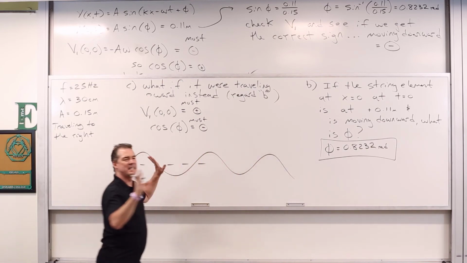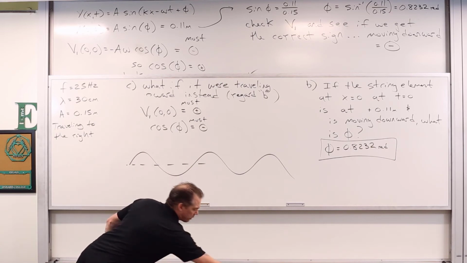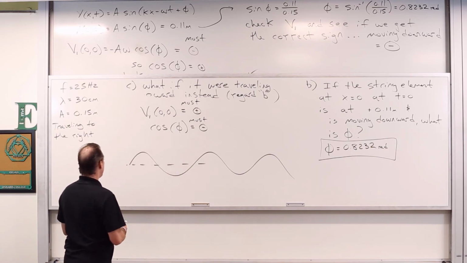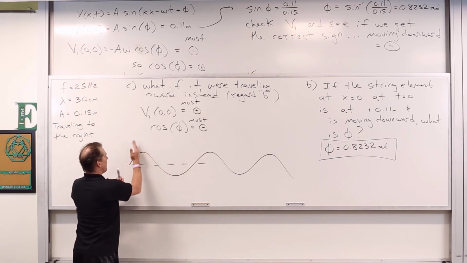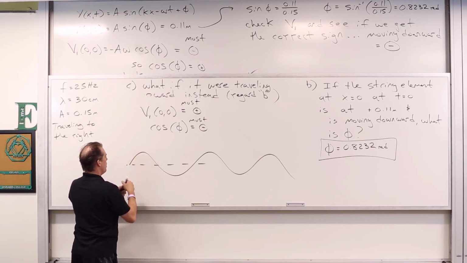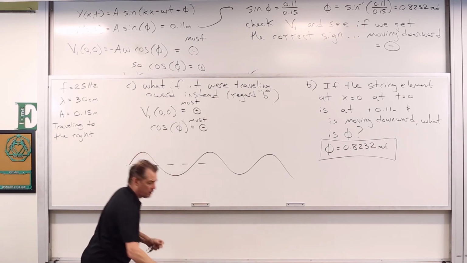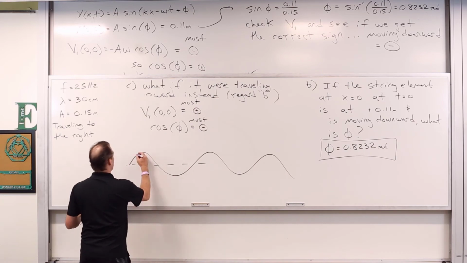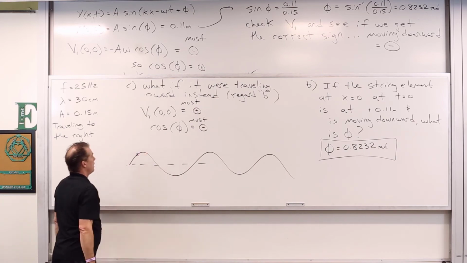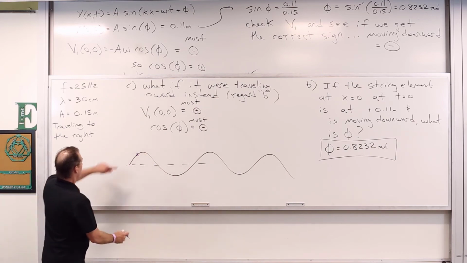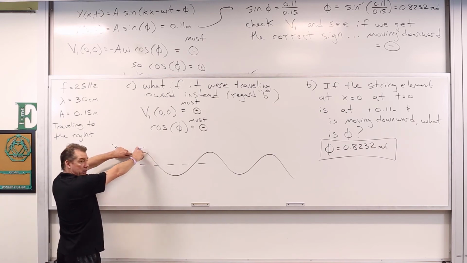So we can say x is equal to 0 anywhere. X equals 0, t equals 0. Let's just say that it is somewhere around in here. Well, if I look at this point right here, hey, that's the point that is a little bit below the amplitude.